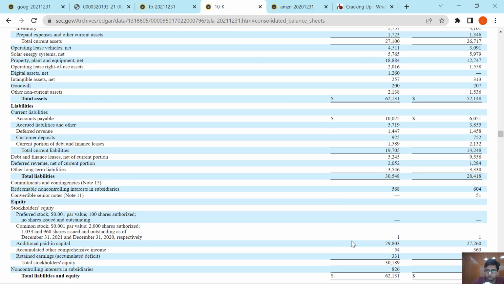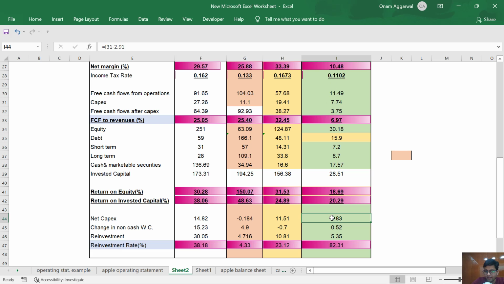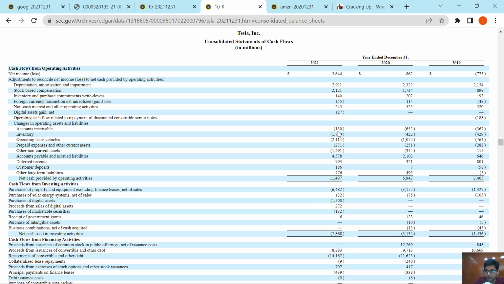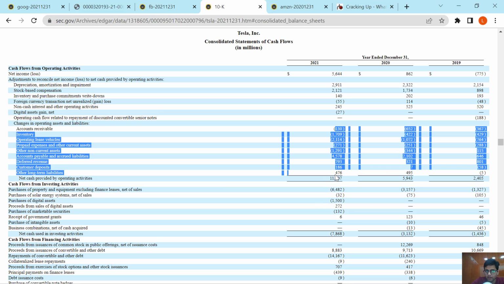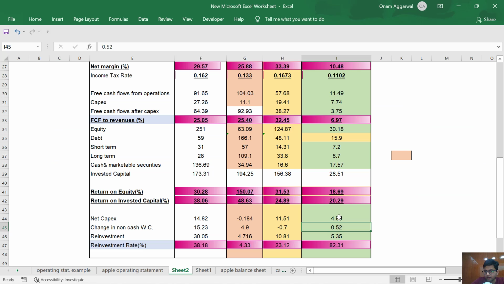For net capex, again, we take the depreciation figure of 2.9911 and we deduct it from the capex, and we get net capex of 4.83. Change in non-cash working capital, we take all these figures, change in operating assets and liabilities, all of these net figures come out to be 0.52, $520 million invested in working capital.